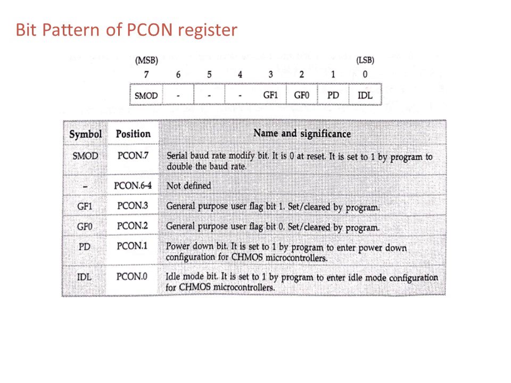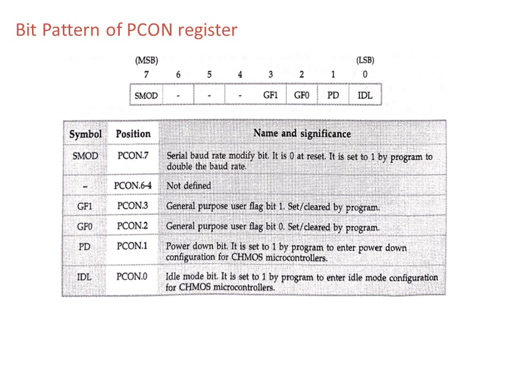The next bit, the second bit, is GF0, that is general purpose user flag bit 0. Again, this can be set or cleared by the program, and its position is PCON.2, bit addressed with the representation PCON.2.